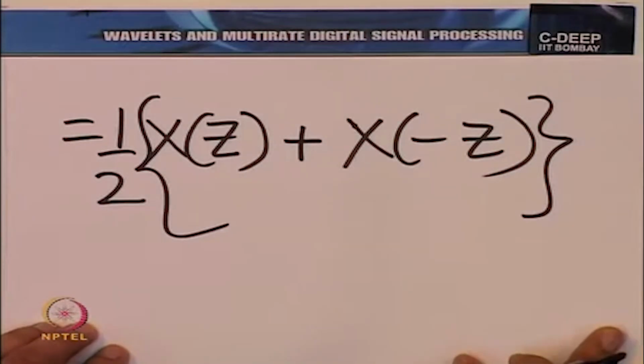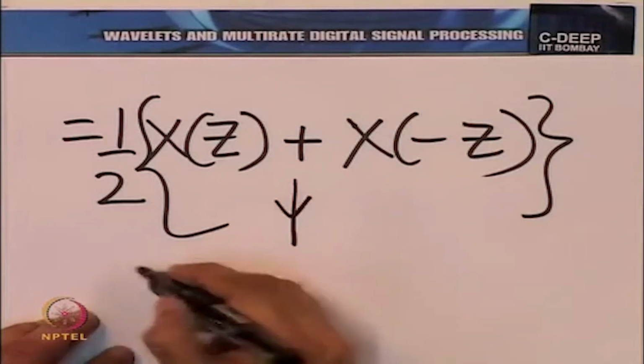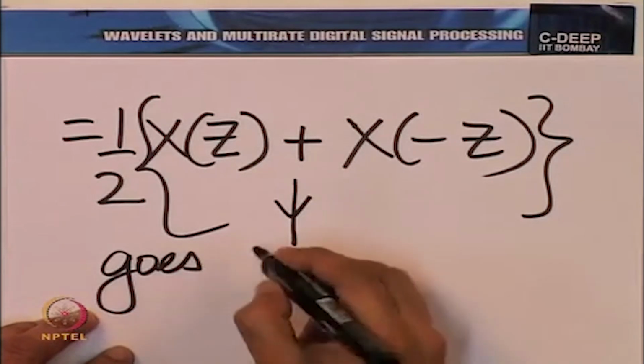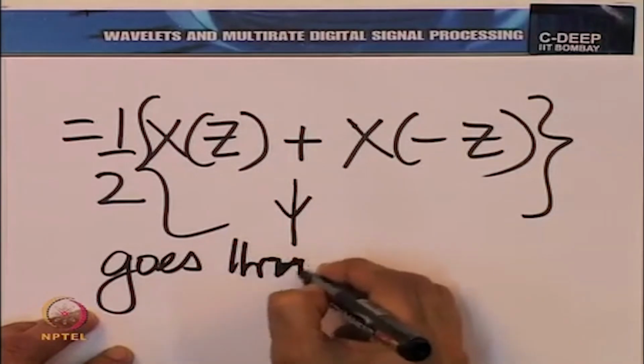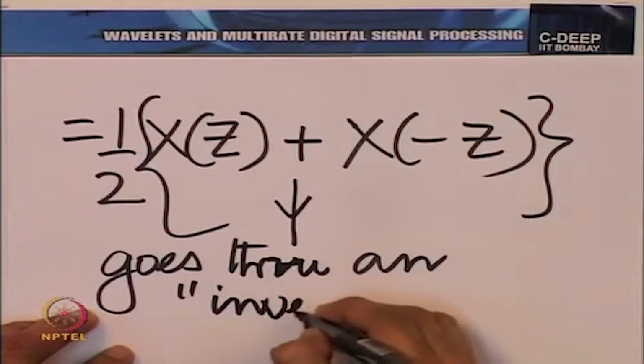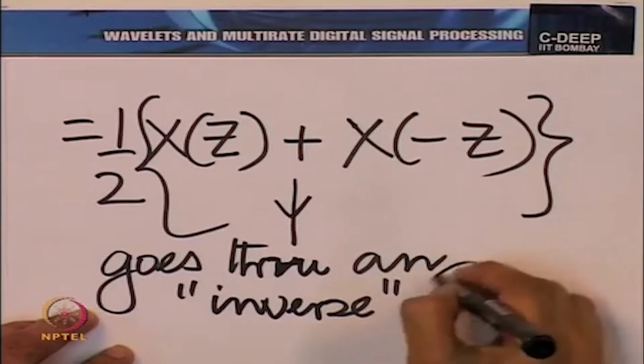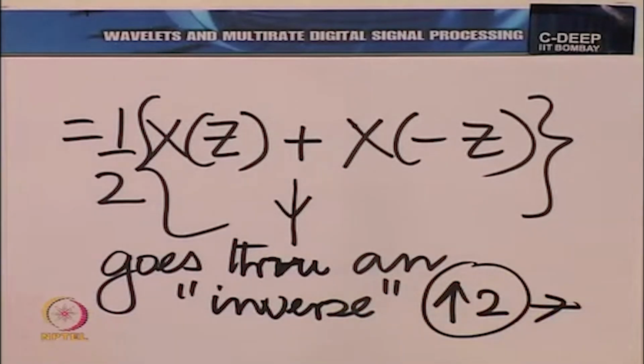So, we have done our job. Now, all that we need to do is to note that this goes through an inverse upsampler by 2, so to speak.